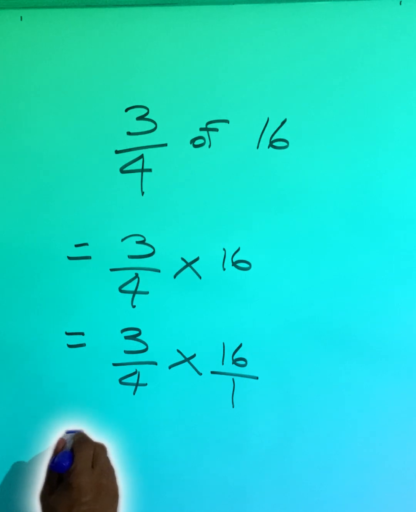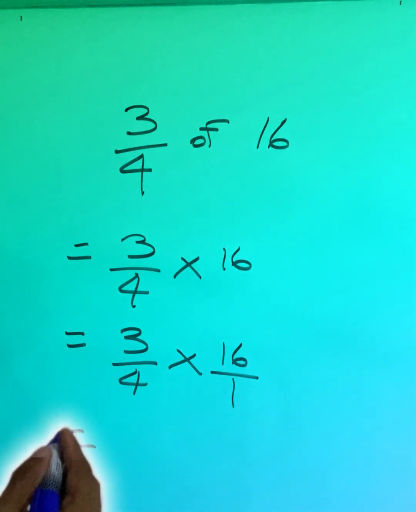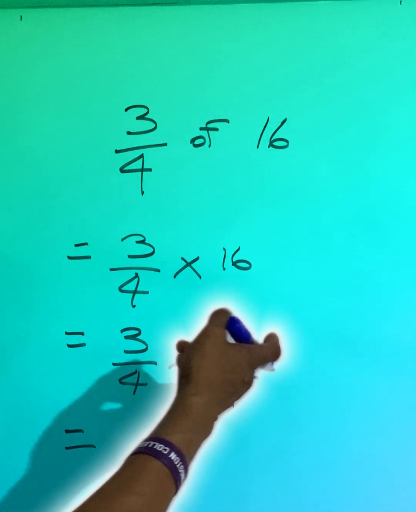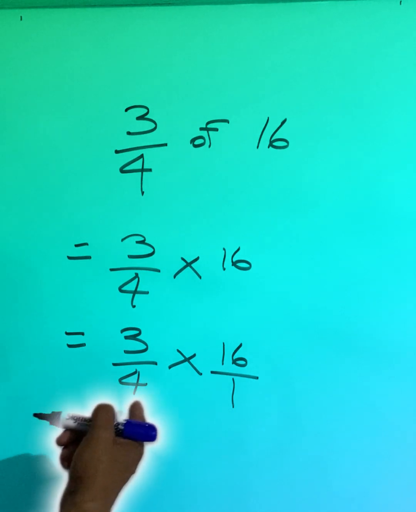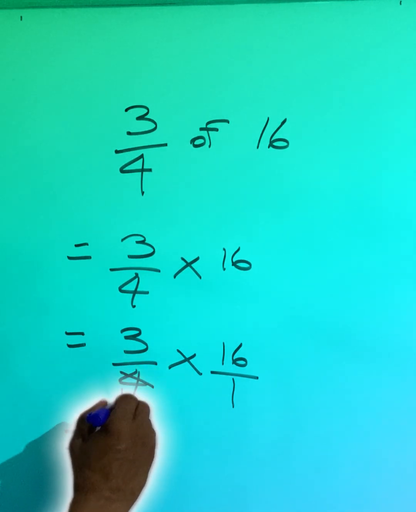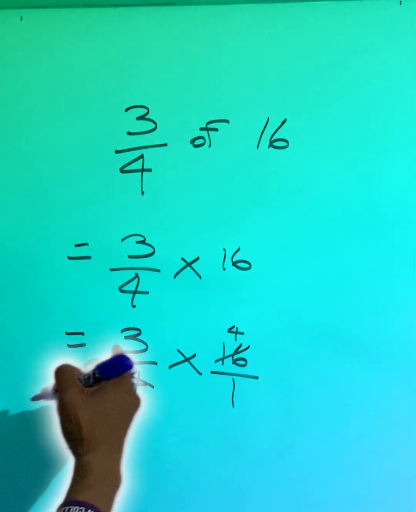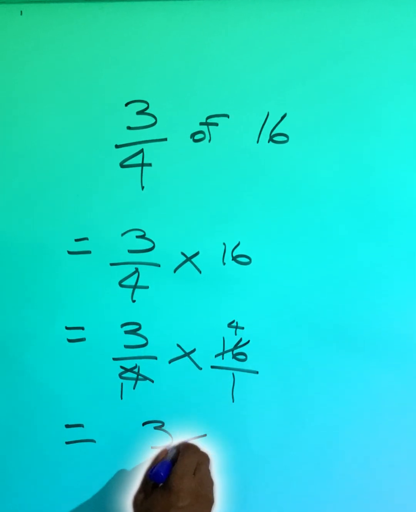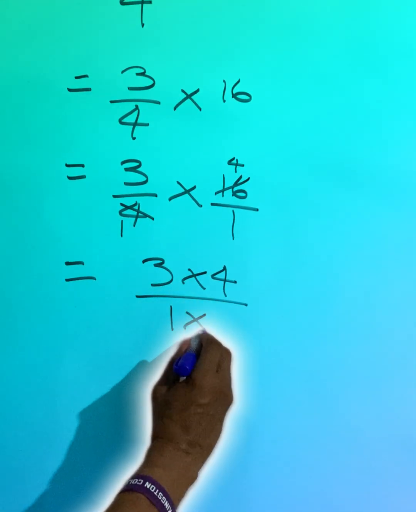First we ask ourselves, is there a number that can go into numerator and denominator and not leave a remainder? In this case, sure, that's 4. 4 into 4, 1. 4 into 16 goes 4. So we have 3 times 4 over 1 times 1.